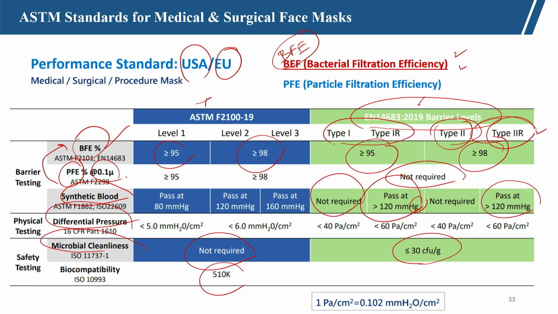So, normal type 1 and type 2 do not require this penetration test, while type 1R and 2R are meant for the synthetic blood penetration test. That is how it is graded.